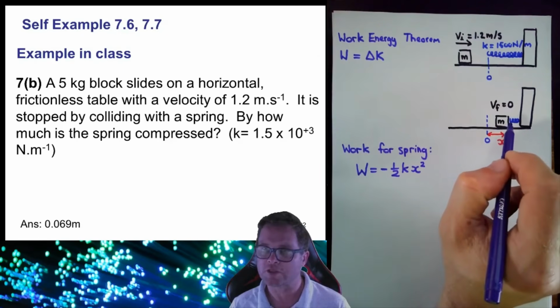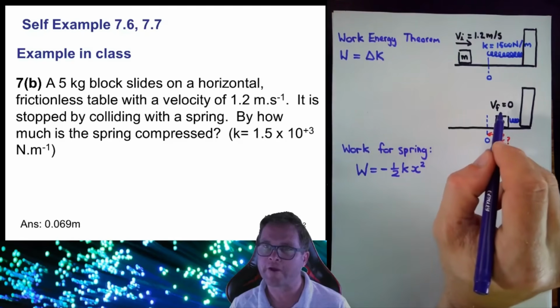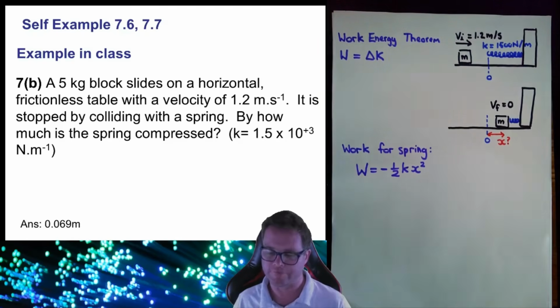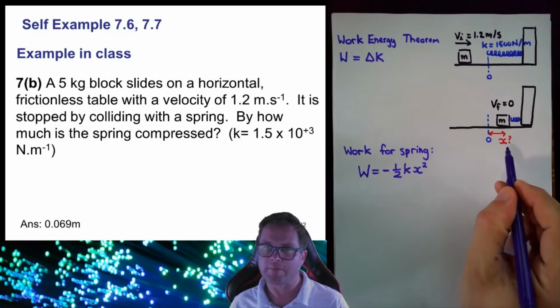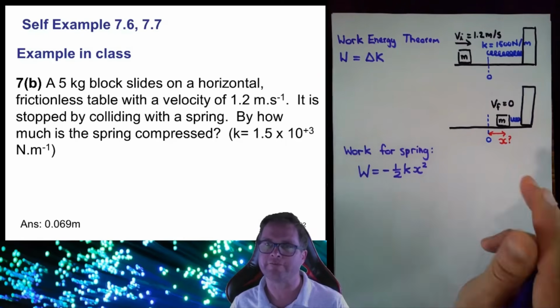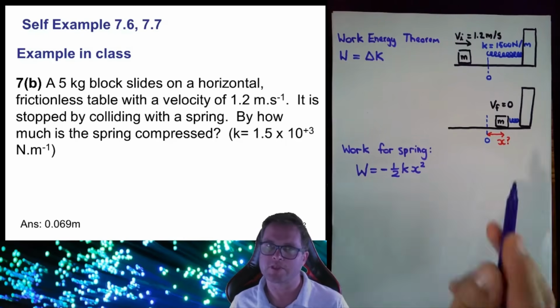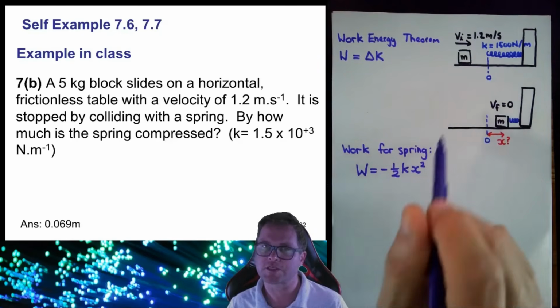By doing so, it's compressed the spring, and by coming to a stop, it will have a final velocity of Vf equals 0. And what we're asked to calculate is by how much the spring will be compressed. In terms of our figure, the amount that the spring will be compressed is this little amount here, x, that I've indicated. The spring will be compressed relative to its position at 0.